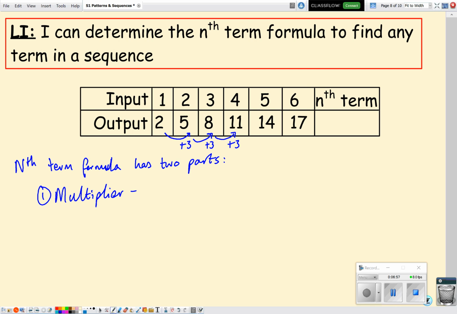And the number sequence that goes up in threes is the 3 times table. So we need the 3 times table to be our multiplier. So what that means is that for the first part, I'll write down a note for the multiplier: look at what the sequence is going up in.